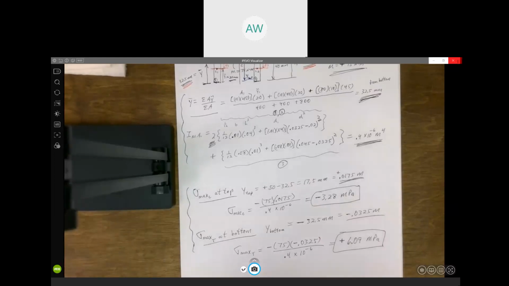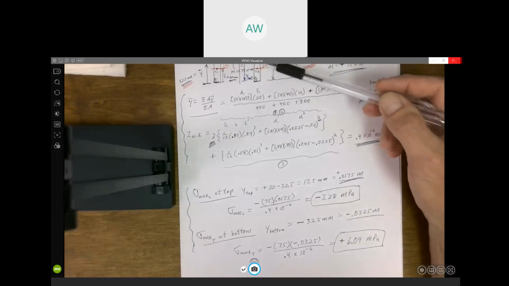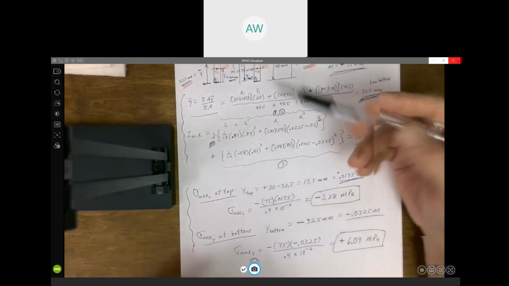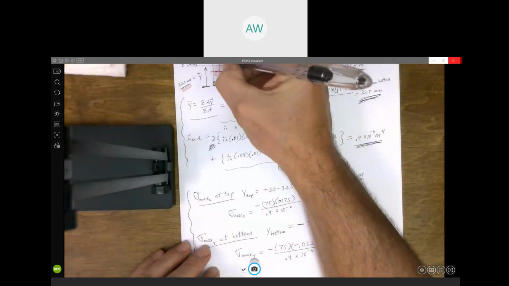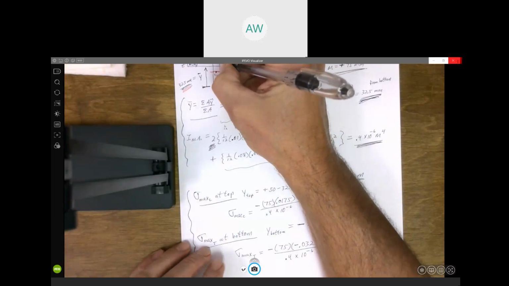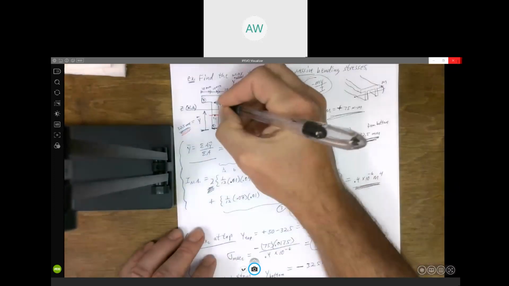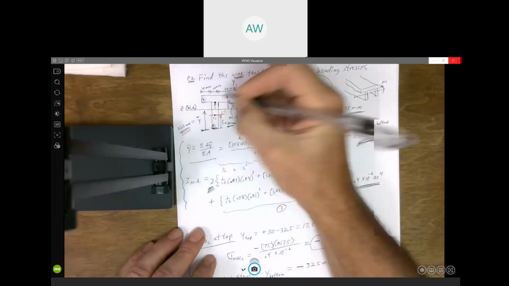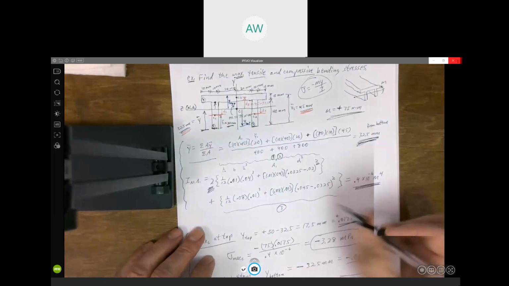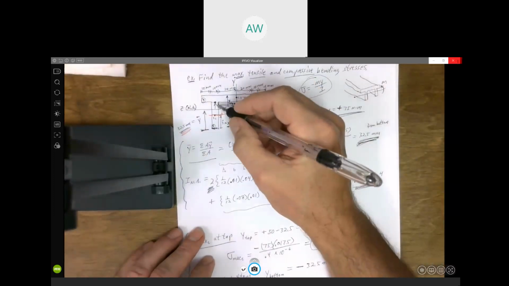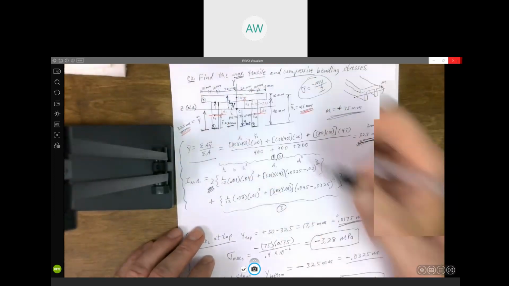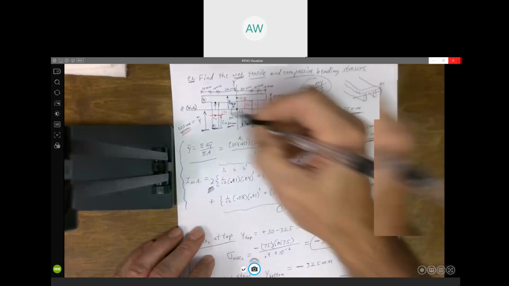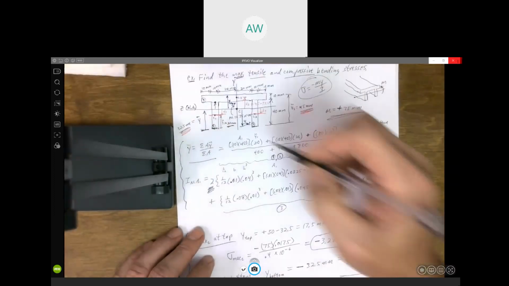If you don't go all the way to the top, say you wanted to know what the stress was at this point, then instead of using Y top, 17.5 millimeters, you'd take whatever that distance was and plug that in for Y, and that would give you the stress at that point.